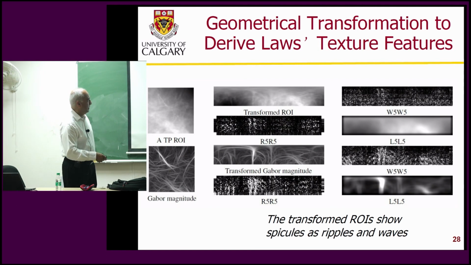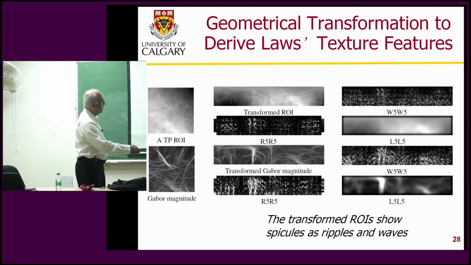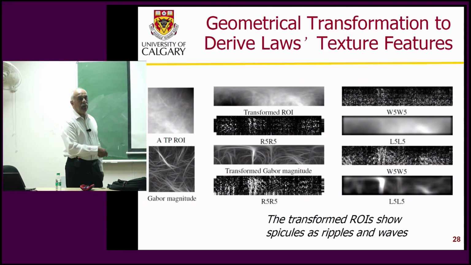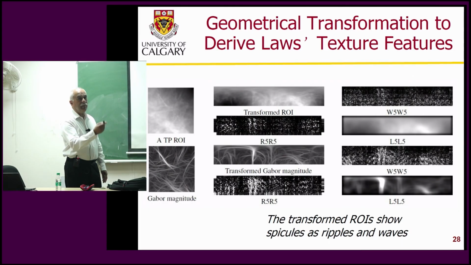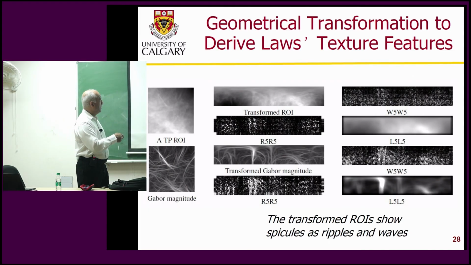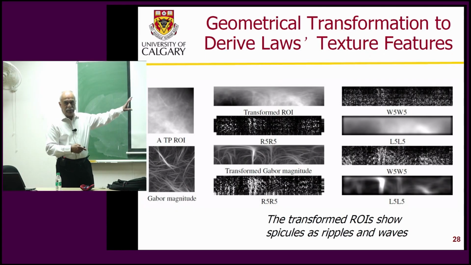Intensity doesn't matter, but in Gabor magnitude it shows that pattern. So now you compute the texture energy from these outputs of the Laws filters and use them as features, not from the original image. So the geometric transformation is an important step that we introduced.